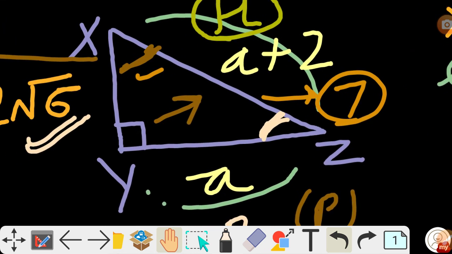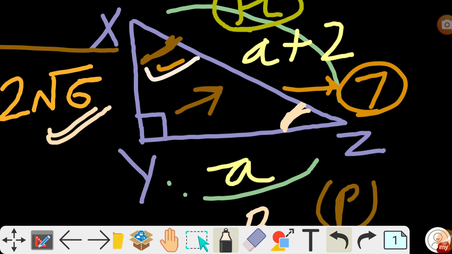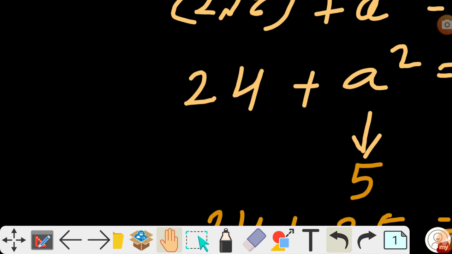Here we consider the angle x. So the side in front of x automatically becomes the perpendicular, and we have sec x, hypotenuse upon base. Hypotenuse 7 and base here 2 root 6. So 7 upon 2 root 6.